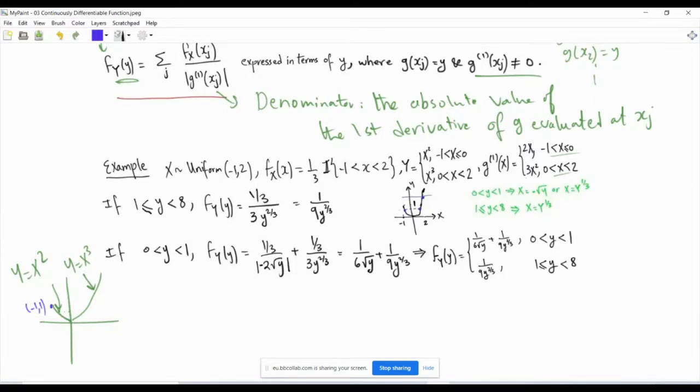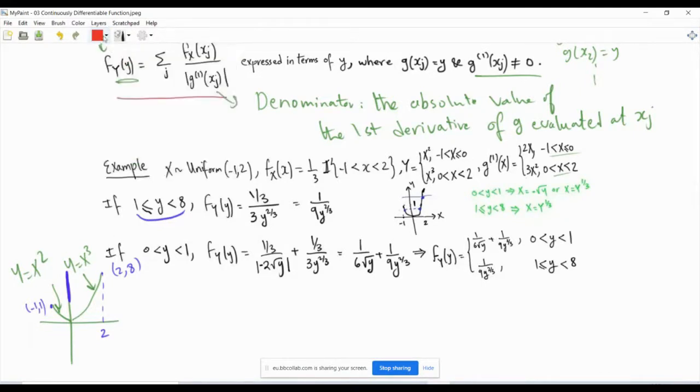Each y that is below 1 has two corresponding values of x, but above 1 there is a single value of x giving you the corresponding y. So the trick here is to investigate y from 1 to 8, because the function is defined up to x equals 2, and this point is 2 and 8. So you first investigate a y that is between 1 and 8.